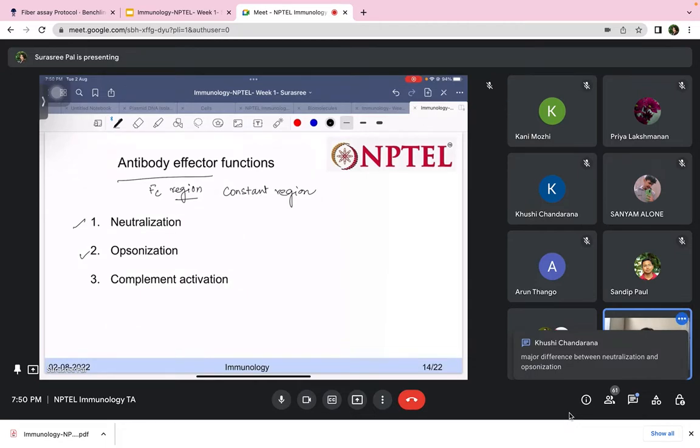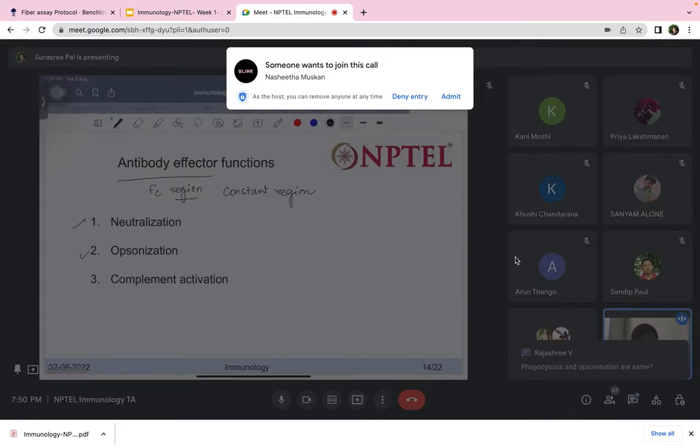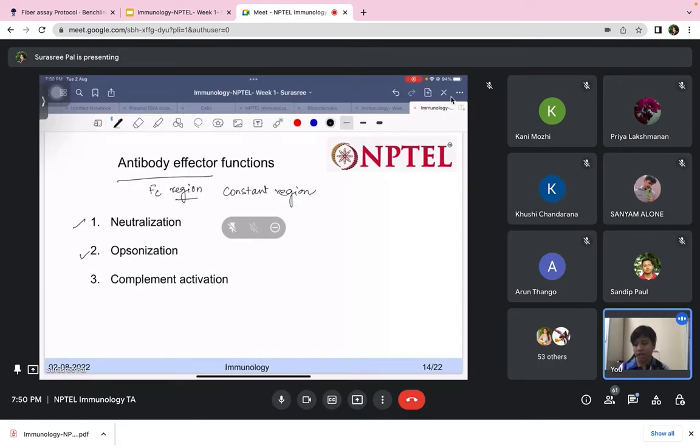The difference between neutralization and opsonization is that neutralization takes place for toxins, right? But in case of opsonization, the whole antigen is engulfed. And in complement activation, the different complement proteins are activated, which on one hand helps in phagocytosis of the antigen antibody complex by macrophages, right?